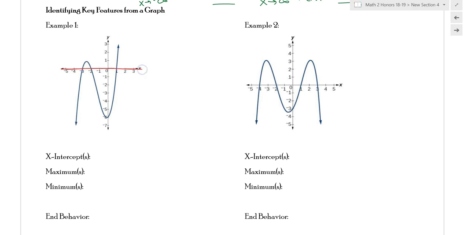So here's my x-axis. I have an x-intercept at -3, 0. My y value is 0, that's part of the definition. Then -2, 0. And 1, 0. So x-intercepts are just straight where you cross through there.